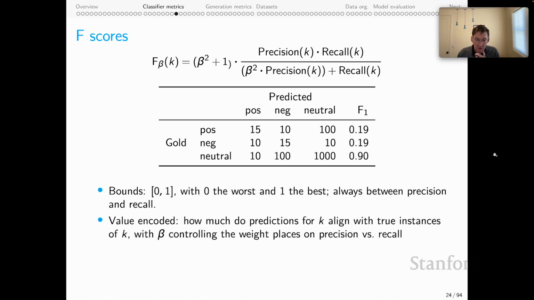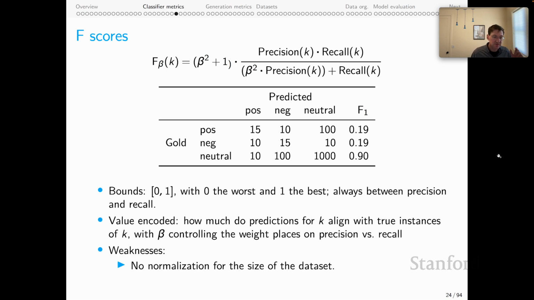The value encoded is something like this. How much do the predictions for class K align with true instances of K, with beta controlling the weight placed on precision and recall? So it's kind of like both precision and recall have been baked into this notion of aligning with the truth.